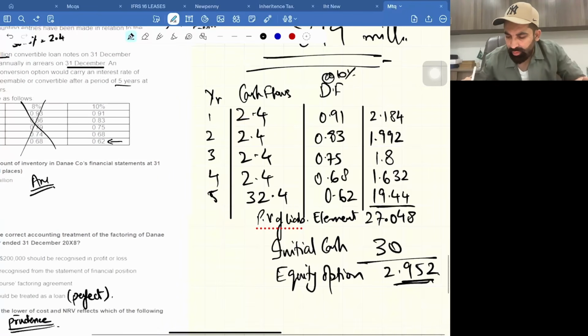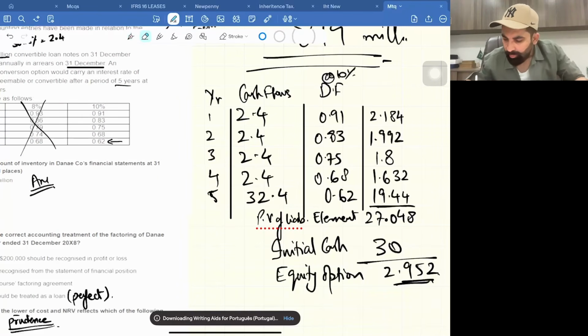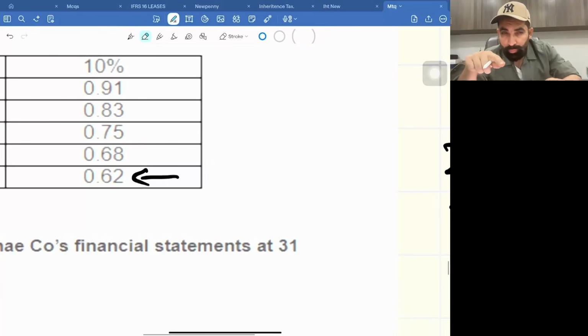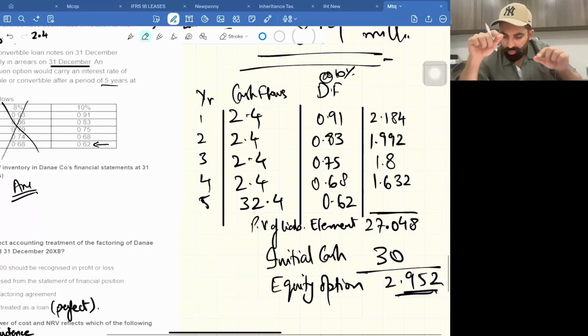Okay, that's why there is a difference. Let me correct it. This one is 0.62. See these things, you guys can also make these mistakes. When I can do it, I can misread this 0.62. I have written it as 0.6, but in reality it is 0.62.